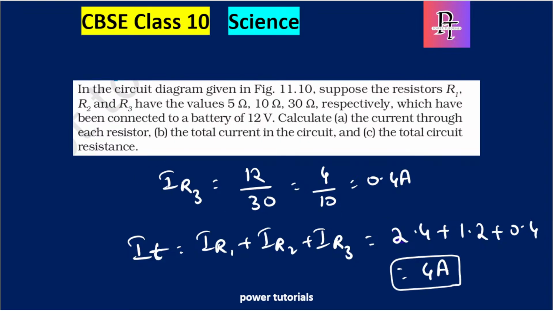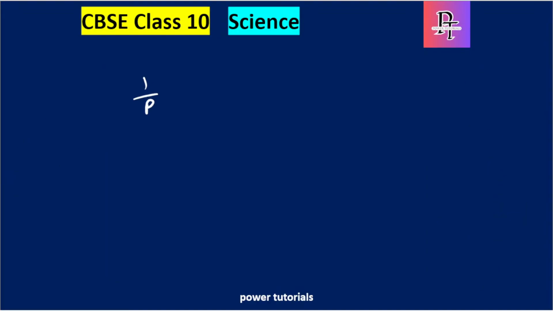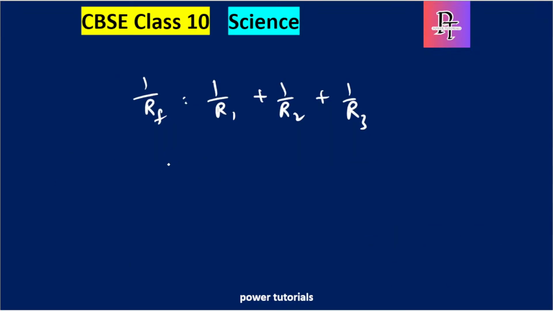So second is done. They are also asking for total circuit resistance. So they are simply asking for the effective resistance, and you have three resistances in parallel. So I can use the formula 1 by R effective is equal to 1 by R1 plus 1 by R2 plus 1 by R3. The resistors are 5, 10 and 30.